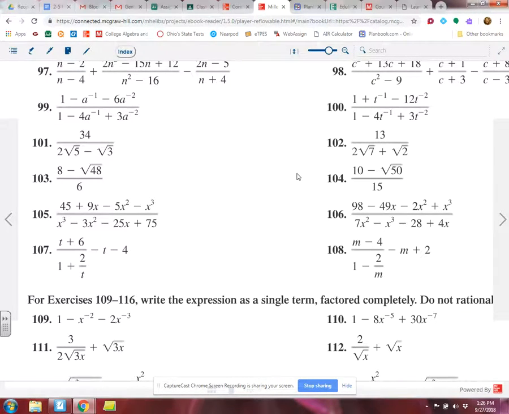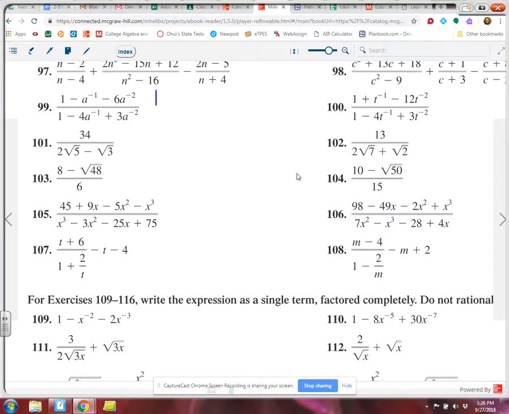Okay, so I have to simplify it. You notice all the negative exponents, right? Okay, so basically what's going to happen is this big fraction is going to have 4 little fractions inside of it. Okay, so the 1 is going to stay as it is in the numerator. Then this will be minus 1 over a, because that negative first power is going to push that to its own little bottom fraction.